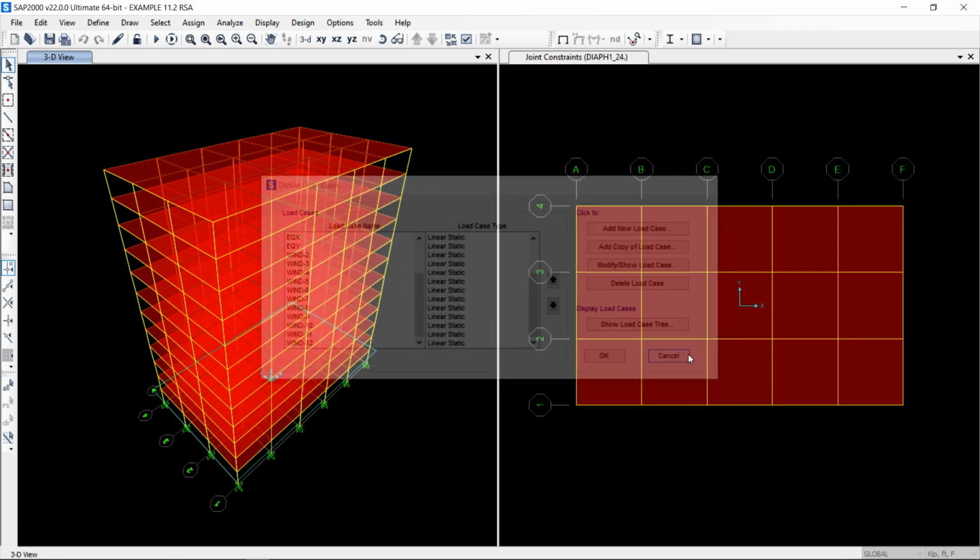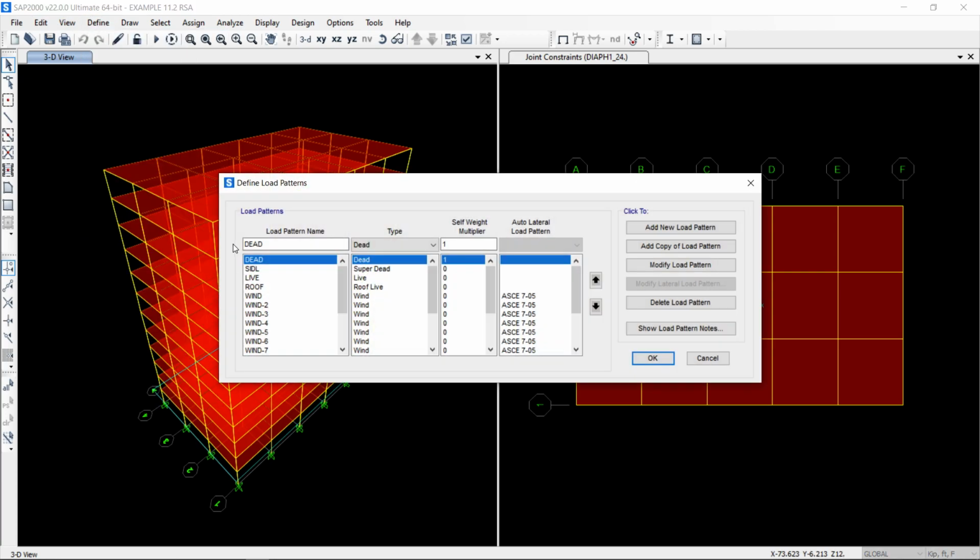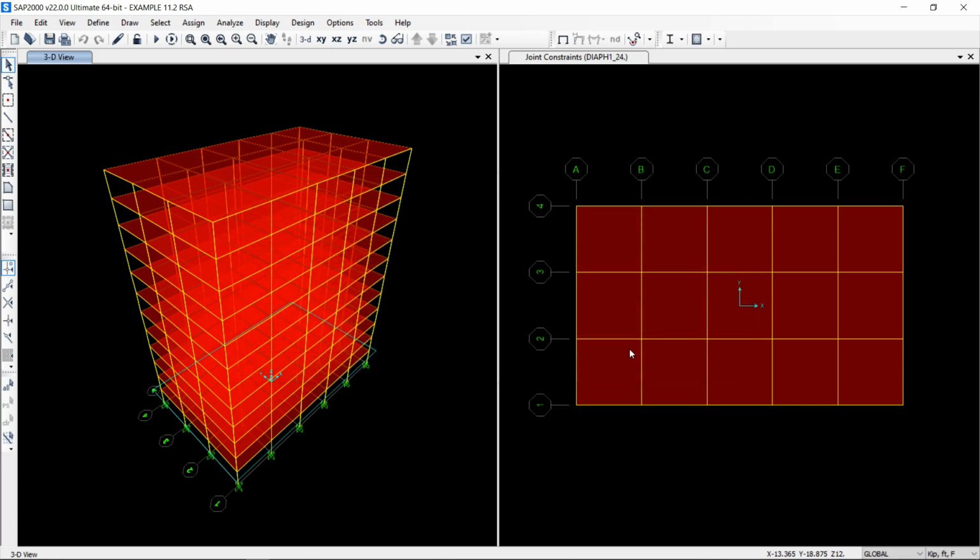Before that we have to define a load pattern. No, the load pattern is okay.